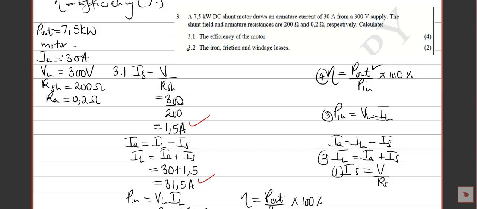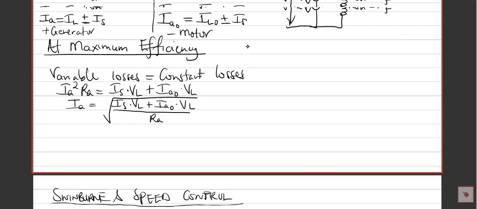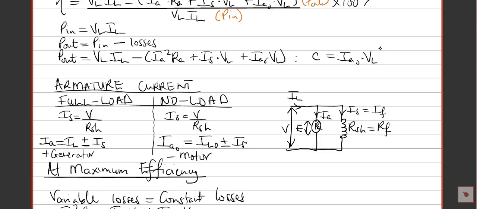Next question says, calculate the iron, friction and windage losses. In this case, we are looking for C. As we know, C is the same as IAOVL.